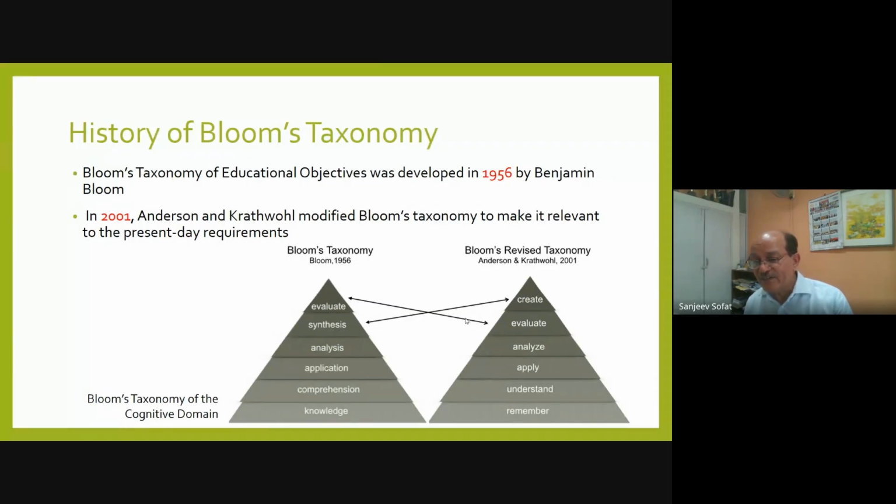Our new education policy also says, can I think about making students critical thinkers? I can't, if I keep them at a very low level of remembering and understanding. But the moment I give them problems of analysis, evaluation and creation, only then can I think about making students who can critically examine things.